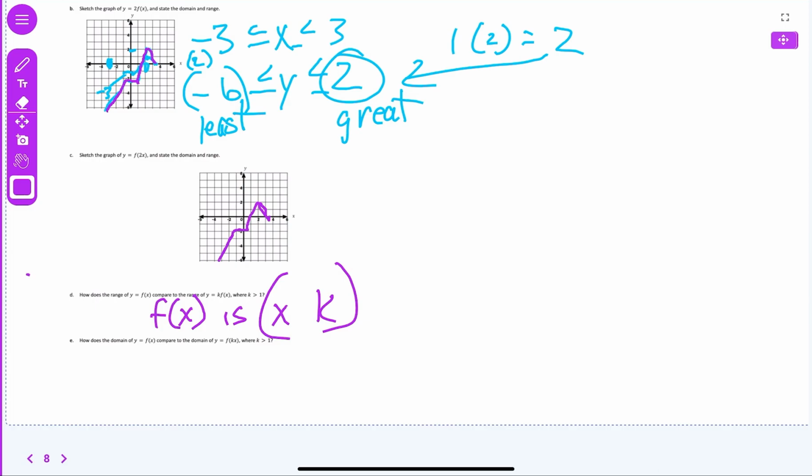That's it. But it would have to be, k's got to be greater than 1. So that's the only difference.